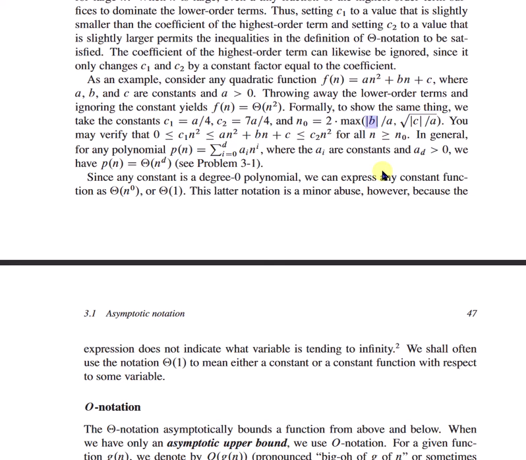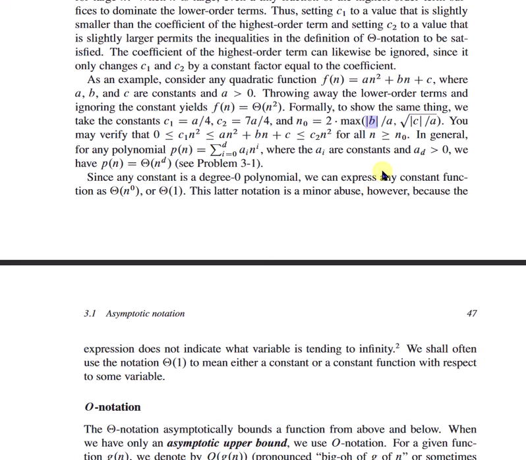You may verify that 0 is less than or equal to c1 of n square less than a n square plus bn plus c less than c2 of n square for all n greater than n naught.